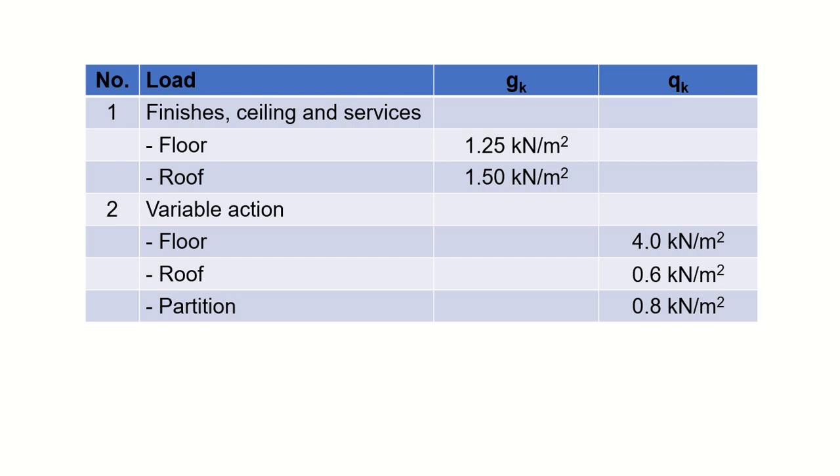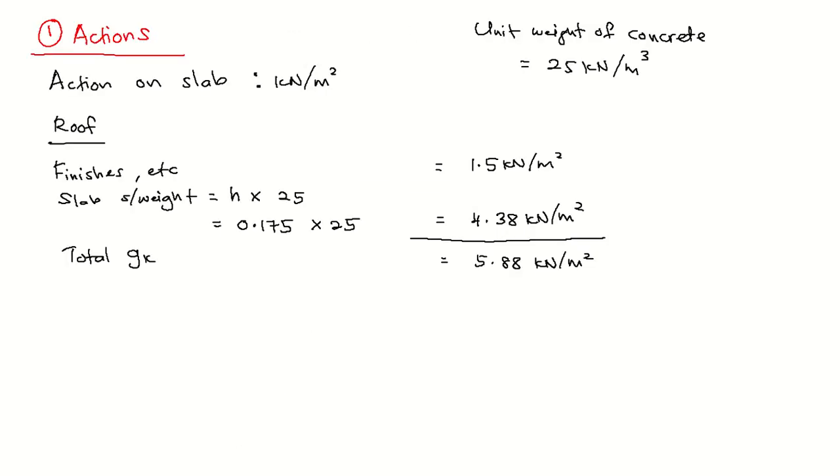Right, so let's add that here. QK is equal to 0.6 kilonewton per meter square. We are not going to add this one because this is GK and this is QK. We cannot add it. We will add after we times with the safety factor later on.